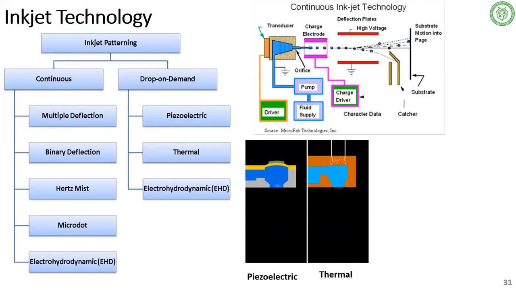It's a very fast technology. In drop on demand, for example piezo or thermal, you have a piezo element. When you give voltage, it deflects and changes the volume, and by changing the volume the liquid is ejected from the nozzle. For thermal, you give a high heat pulse, the solvent evaporates and the ink is ejected.